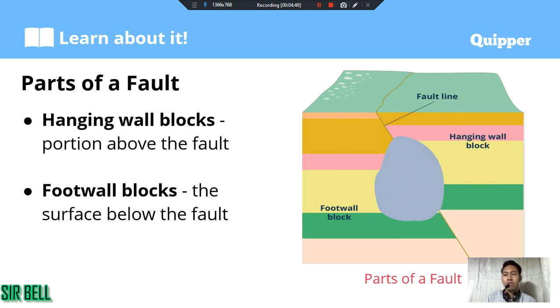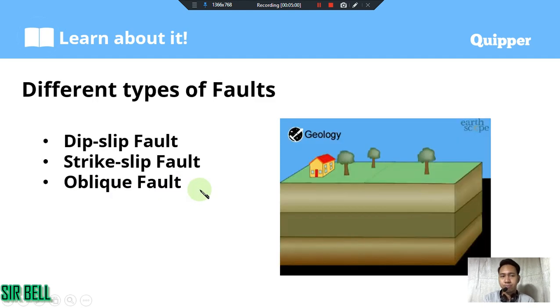Then we have blocks. For blocks, we have two types, the footwall block and the hanging wall block. What are their differences? The hanging wall is the portion above the fault, and the footwall block is the surface below the fault.